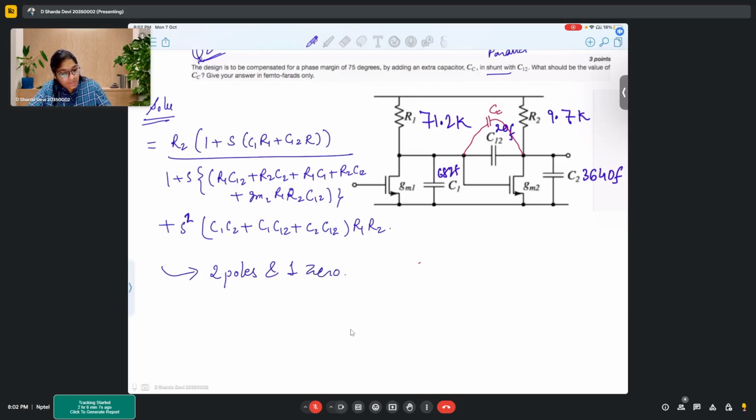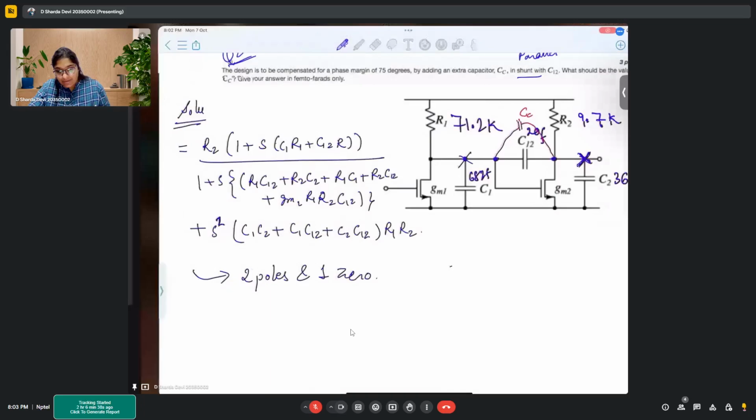From this analysis, what we understand is we would get two poles and one zero. That we already know because the outputs of both the stages will give us one pole each, and this particular capacitor, C12, which is connected between the two prominent nodes, will give us a zero. So we already know that there will be two poles and one zero.